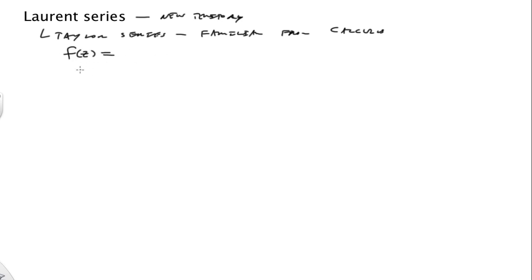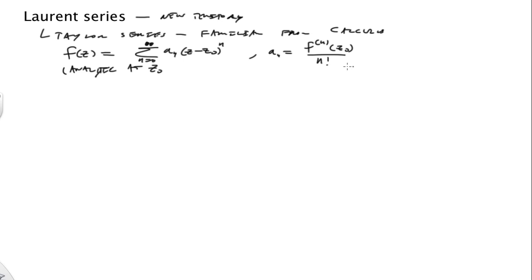If f is analytic at z naught, then we can write f as a power series, or essentially a linear combination of polynomials of the form a_n (z minus z naught) to the nth power, where a_n can be written as f^(n)(z naught) over n factorial.